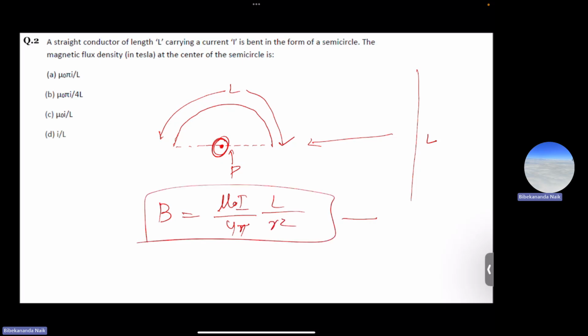This is for a straight conductor of length L. Now, this length L, when we bend it to a semicircle, then we know the total perimeter of a semicircle is pi r. So, pi r equals L. That implies r equals L by pi.